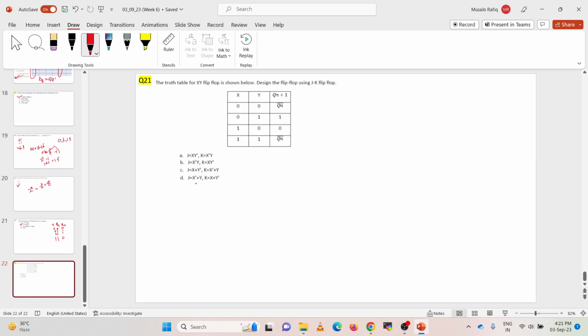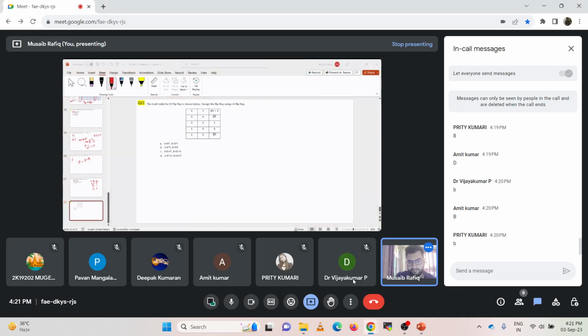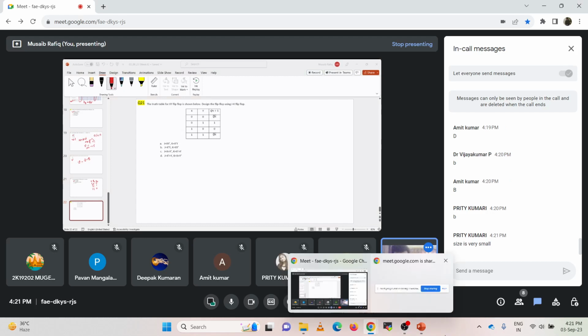So here are your four options and you need to select one of the options. I'll read the question again. The truth table of the flip-flop is shown below. Design the flip-flop using a JK flip-flop. So it will take 6 to 7 minutes. I'll just wait for you guys. Size is very small. Okay, let me just try to increase it.